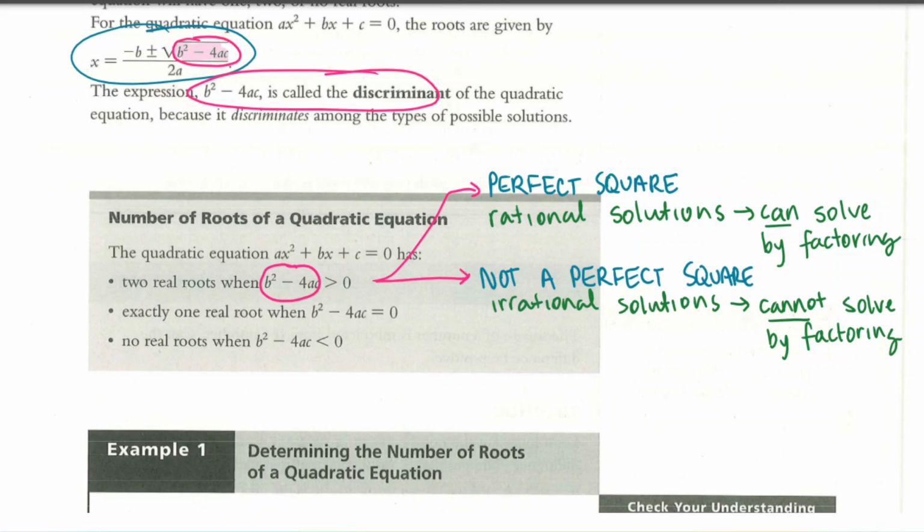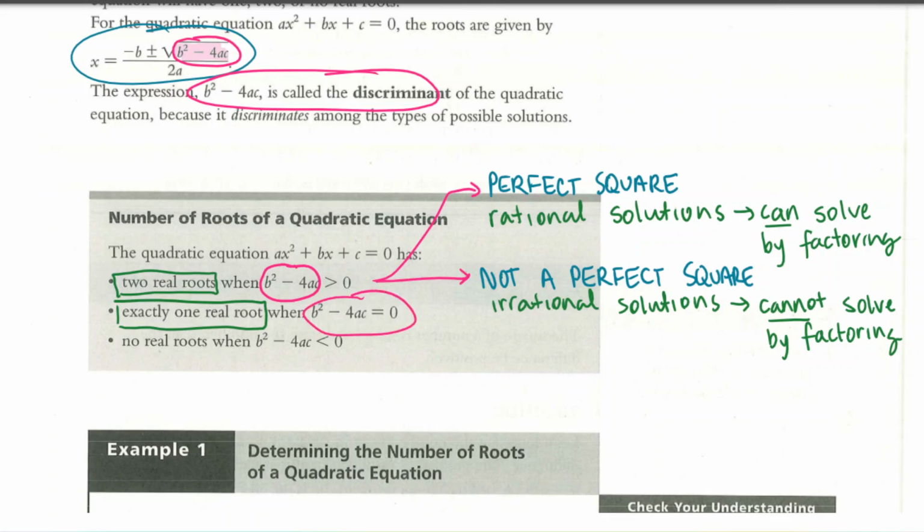Okay, so that's scenario number 1, when you will have 2 real roots if the discriminant is positive, and they could either be rational or irrational if you have a perfect square or not. Okay, the next 2 scenarios we did see in the warm-up. There's exactly 1 real root or 1 solution when the discriminant equals 0.